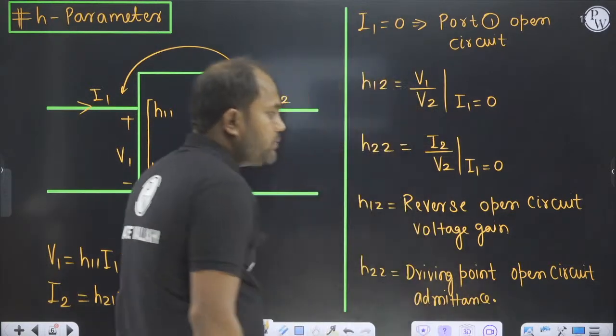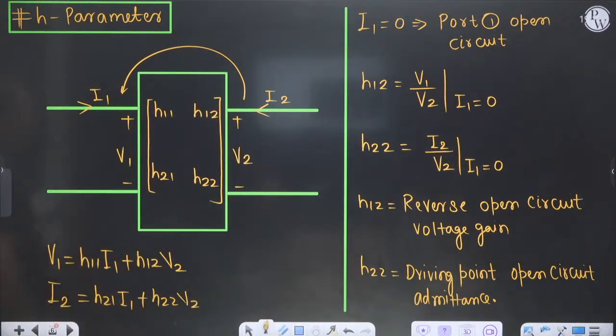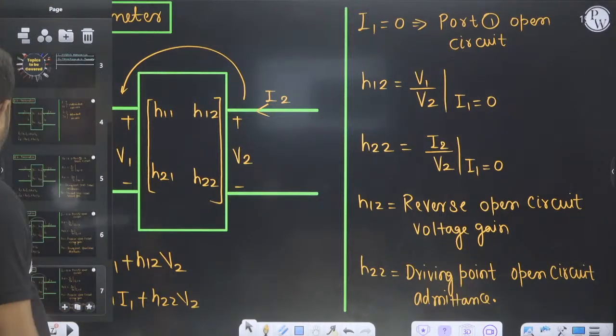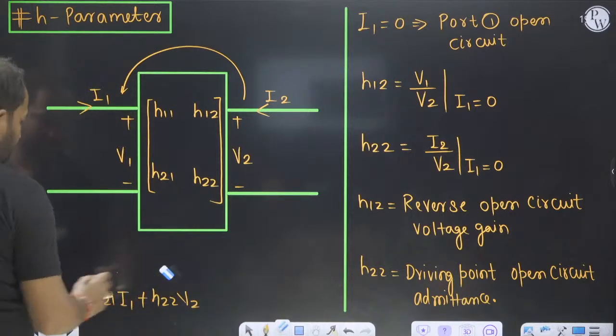So the names are now clear. Now you understand how we give names to these parameters. Then we will study the G parameter. So for the G parameter, what will it be?